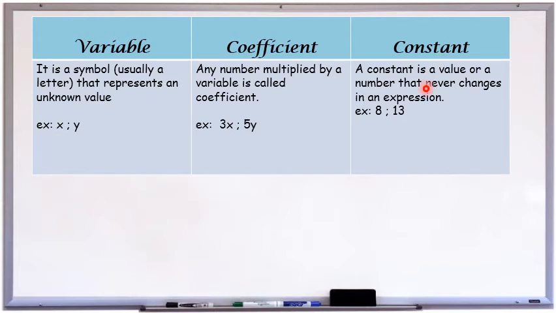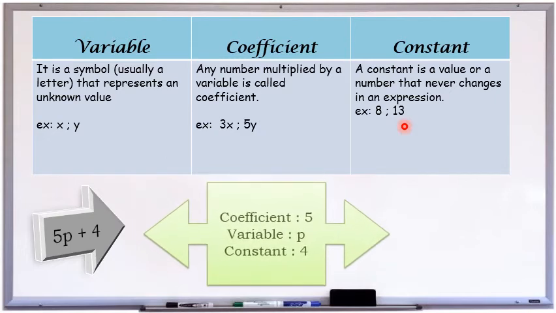A constant is a value or a number that never changes in an expression. It's a number: 8, 13, 124, etc. Here, for example, if I say 5p plus 4, the variable, the unknown, is p. The coefficient is 5.